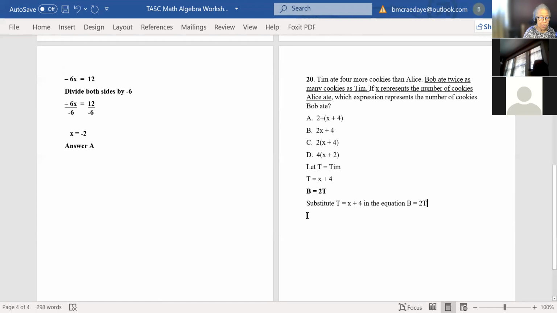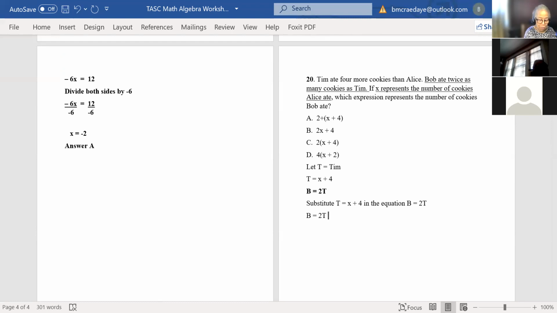Where I have T is X plus 4, I want to put it right here for the T.